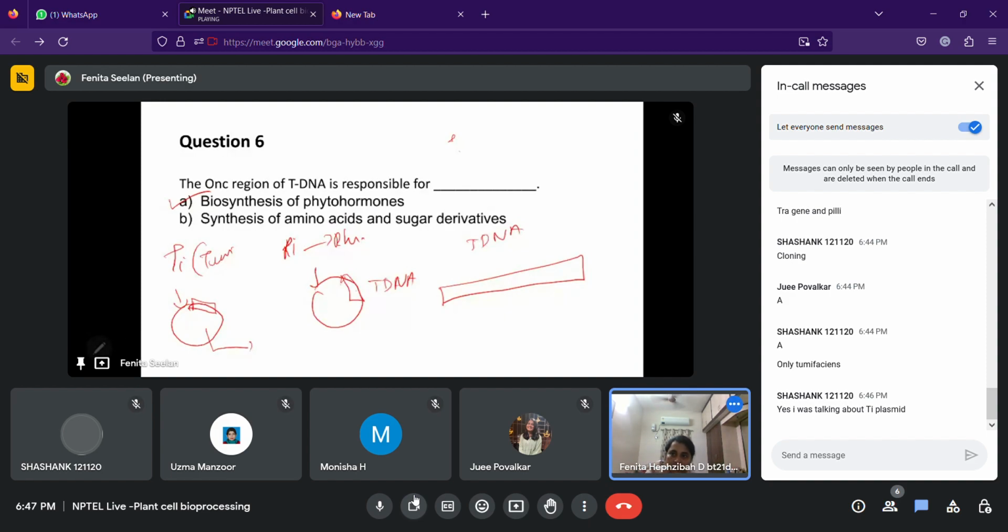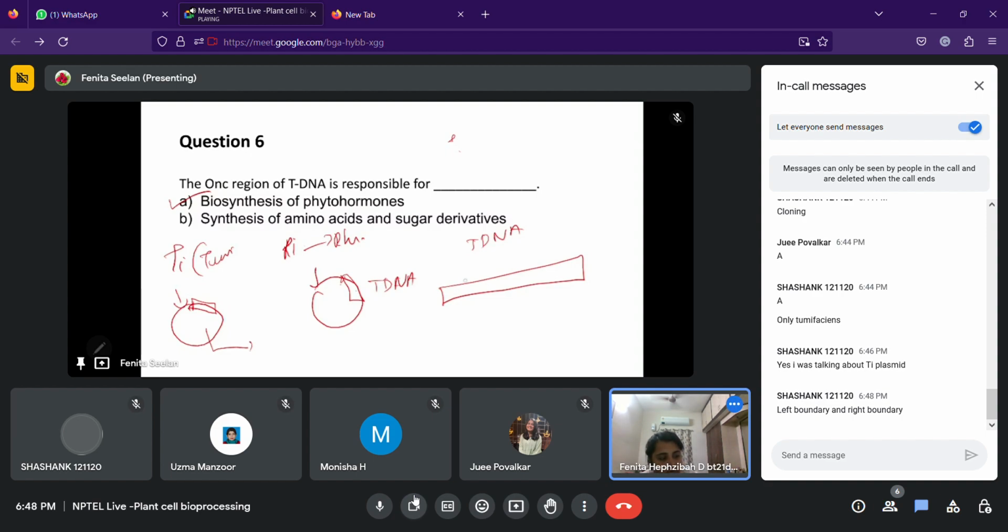Apart from that, major things. Say for example, tDNA is for transfer. So what else is there? There are four different regions, right? Left boundary and right boundary. Okay, left and right boundary regions will be there of the tDNA.